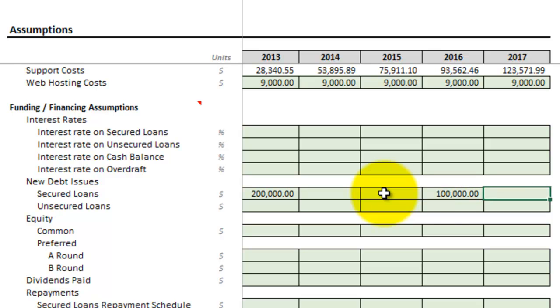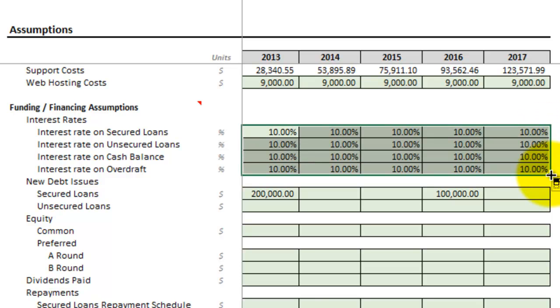The interest rates on loans is quite high, but we also get a fairly decent rate on the money we have in the bank. So how about for simplicity's sake, we'll just even out all the rates to 10%. And just to note, the interest rate is calculated for these loans on a separate tab.